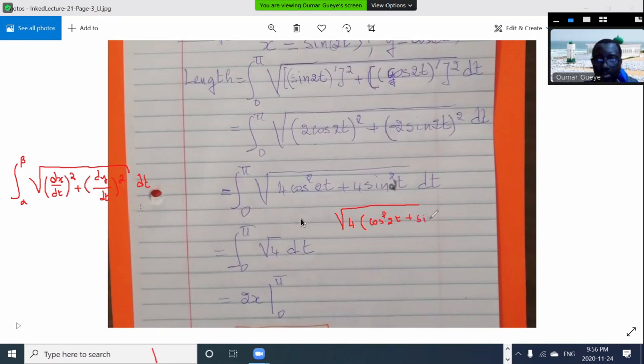And we know cosine squared plus sine squared is equal to 1. This bracket is in fact equal to 1, that's why we got this. And the root of 4 is going to be 2. So we integrate 2, which is just 2t for the antiderivative, and we take it at 0 and at pi.